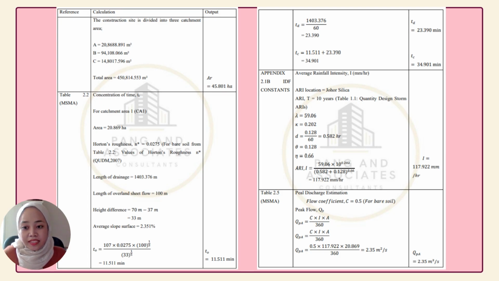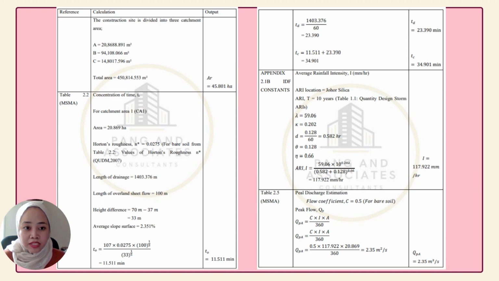From the calculation, we get a total area equal to 45.801 hectares. For the T0, which is the overland sheet flow travel time, we get 11.511 minutes. For the drain flow travel time, we get 23.390 minutes.